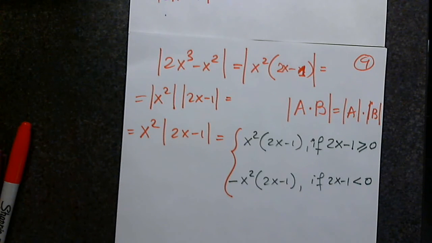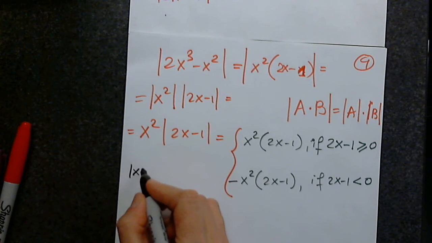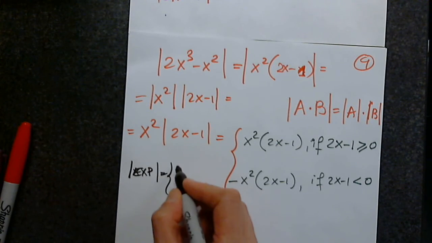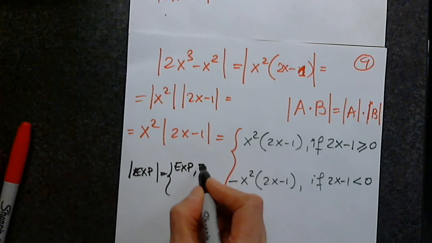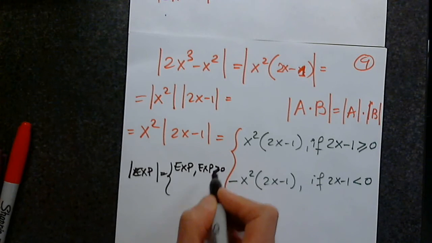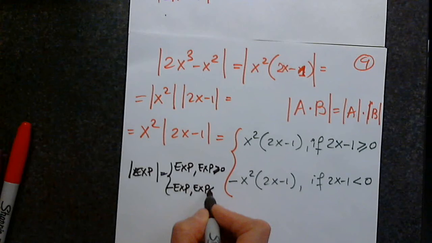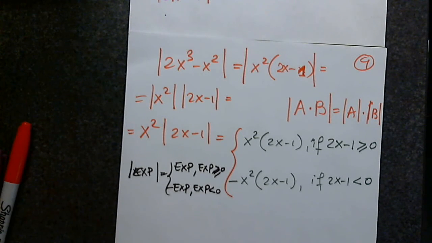Do you remember this? Should I state the formal definition of the absolute value on the side? The absolute value of any expression is the expression if the expression is greater than or equal to 0, or negative the expression if the expression is less than 0. That's what I did.